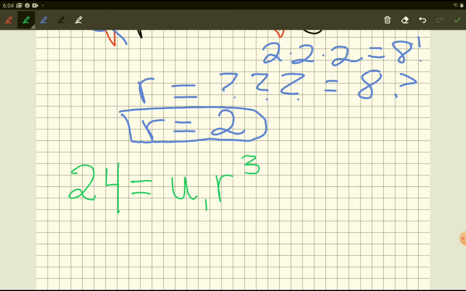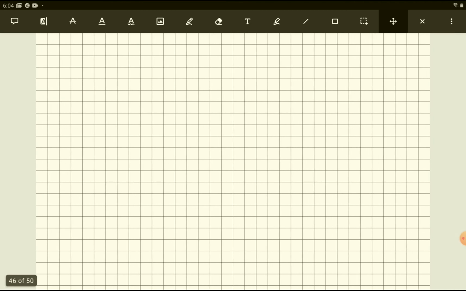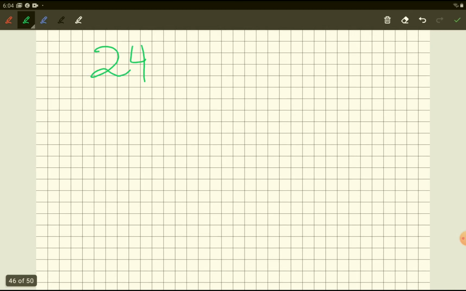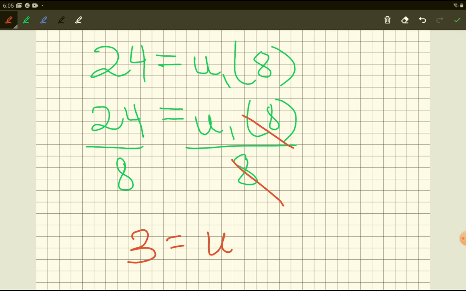But now I know what r cubed is. Divide by 8. That cancels. That becomes a 3. So my first term is 3.